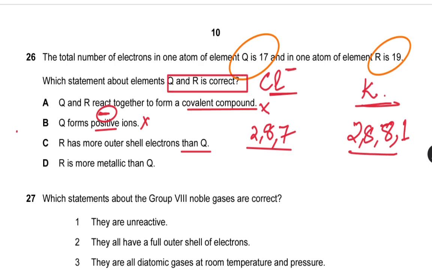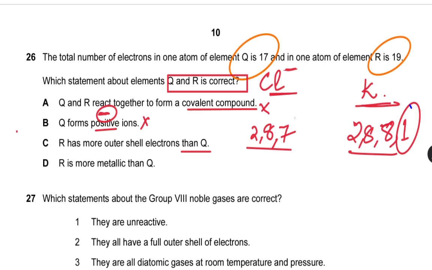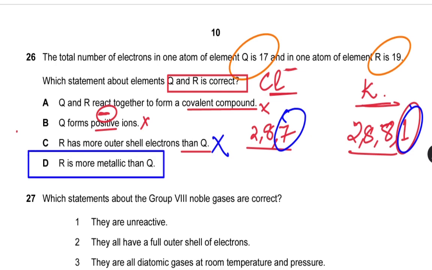R has more outer shell electrons than Q? No. R has 1 electron, not more than 7. So this option is wrong. R is more metallic than Q. This option is correct because R is the metal, that is potassium.